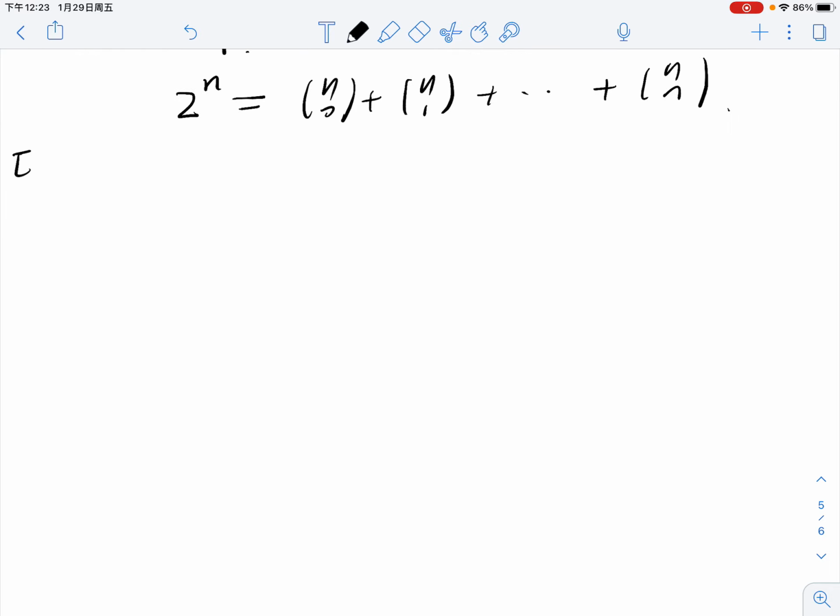Okay, next let's look at some other example. So consider some real problem. Consider a 4 by 6 grid of city streets.